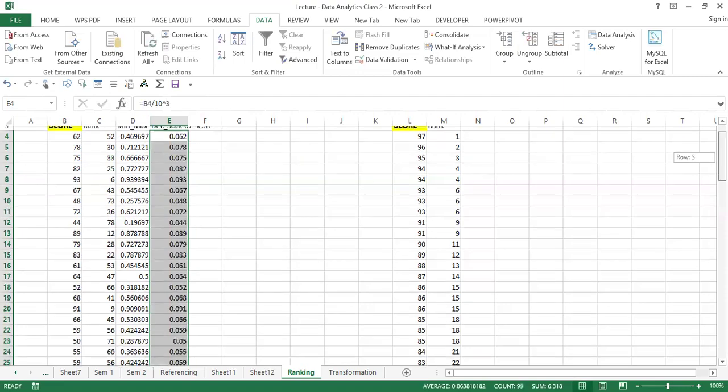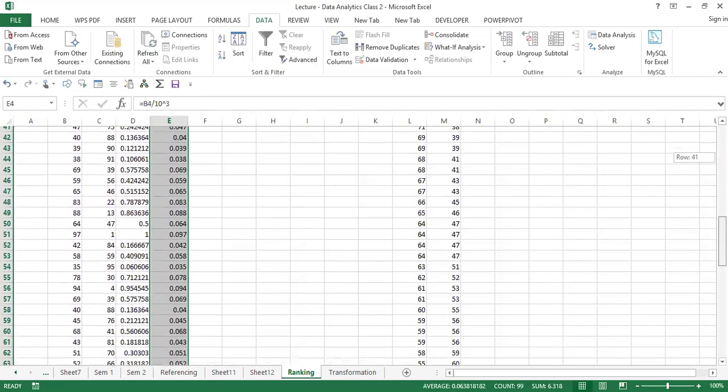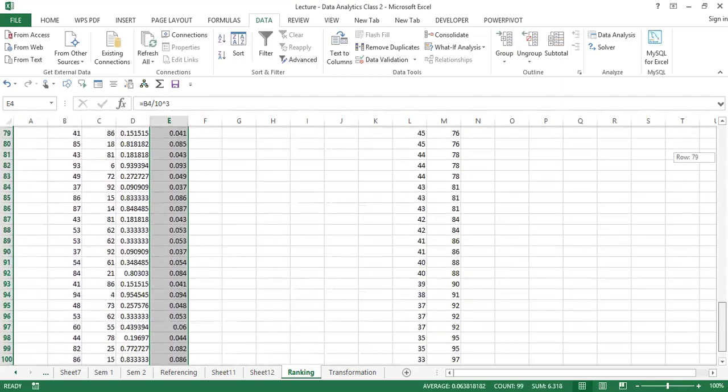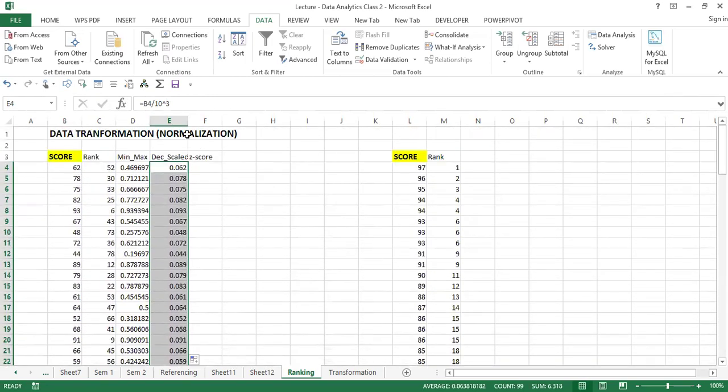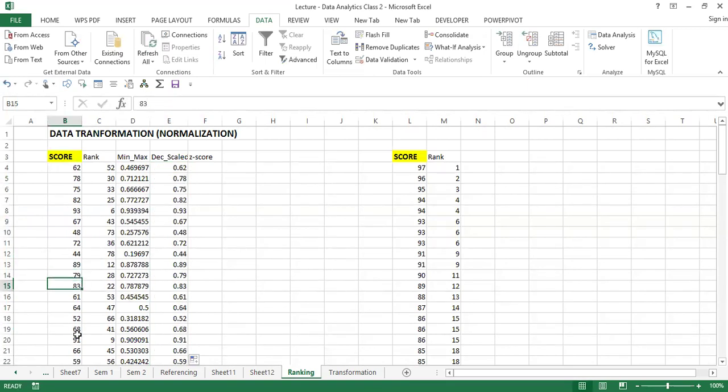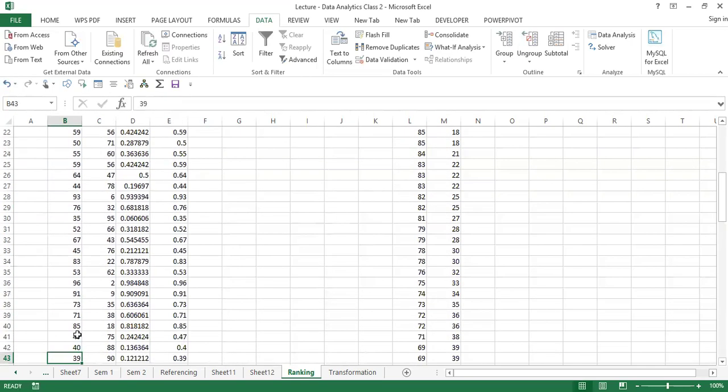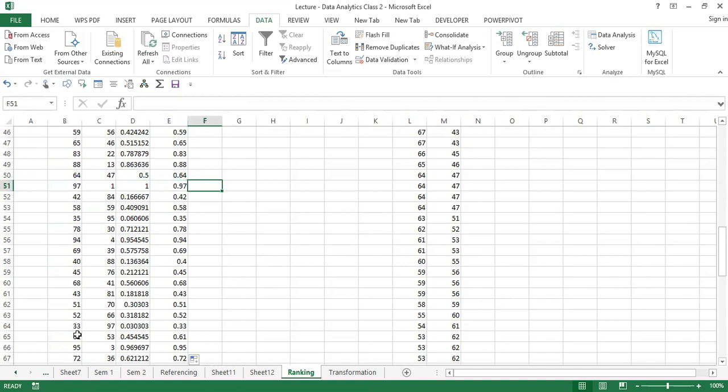Even the highest number is too much lower than 1. It could be closer, okay? But if we use 2, that's just right. You see, it's closer to the highest number. Let's look for the highest number. The highest number is 97. Look at it. You see, it's very close to 1.